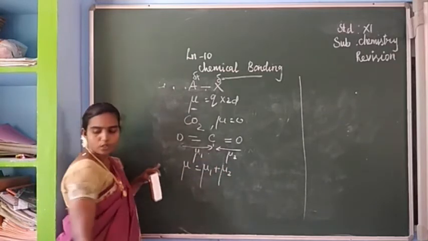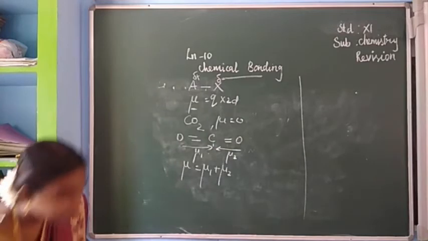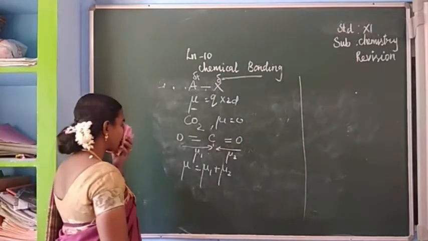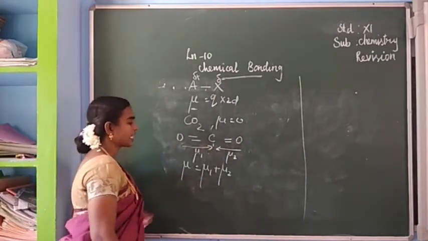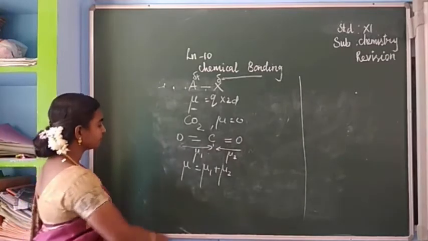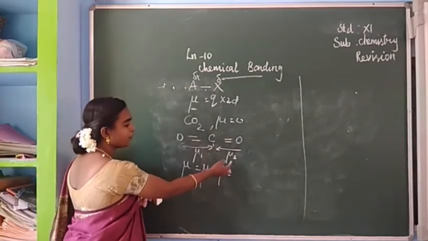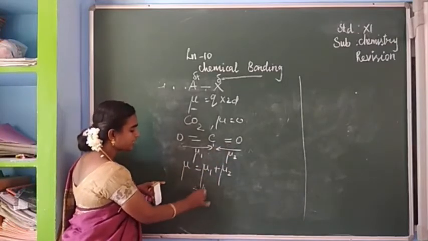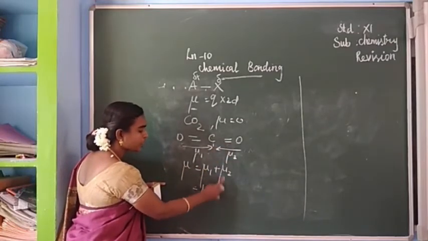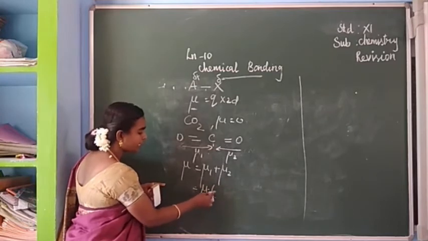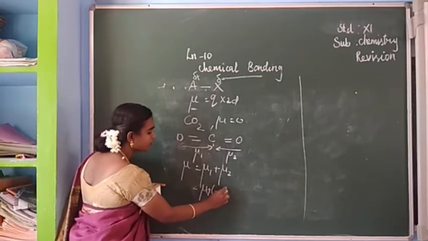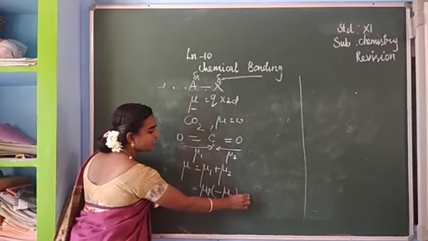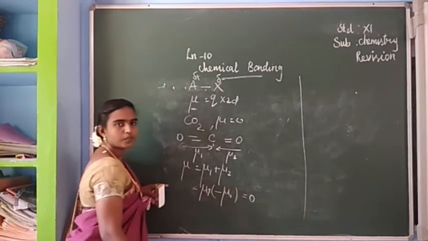Both are of the same magnitude but in opposite directions, so we can write mu2 is equal to minus mu1. Instead of mu2 we write minus mu1, which is equal to 0.